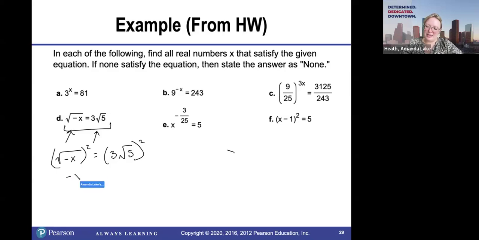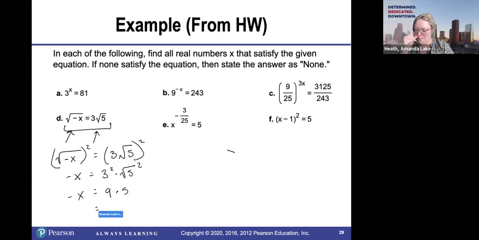So this gives me negative x equals 3 squared, which is 9, times the square root of 5 squared, which is just 5. Nine times 5 is 45. Negative x is 45, so x equals negative 45.